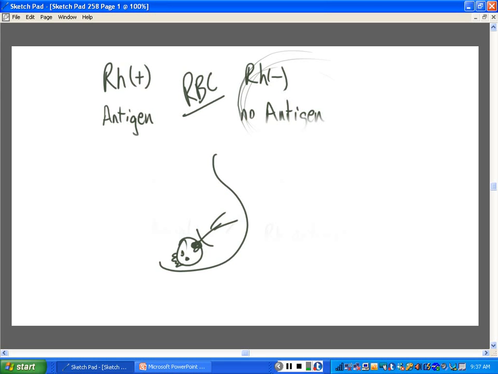And we are going to say that the mom, for right now, just go with me. We're going to draw this multiple times. If the mom is Rh positive, is there any situation that would cause her to develop the antibodies to the Rh factor, if she's positive?